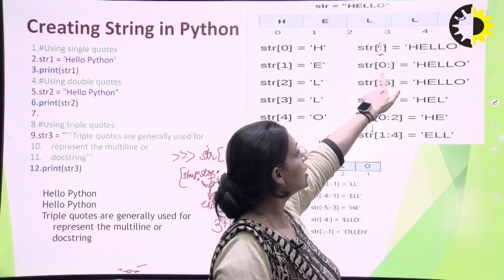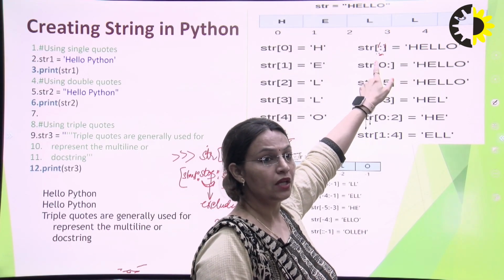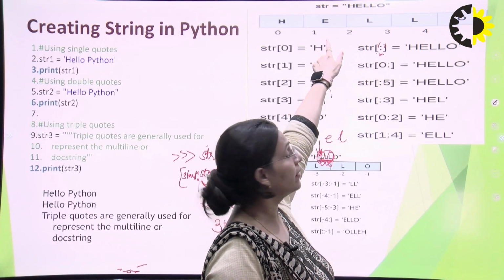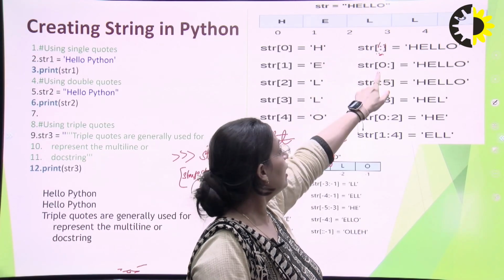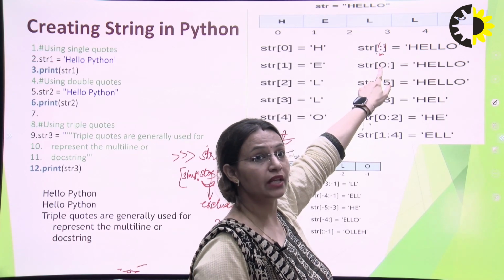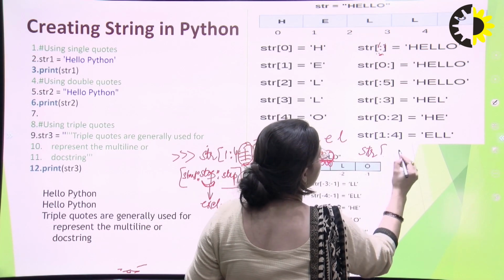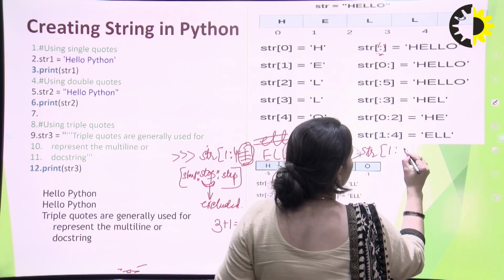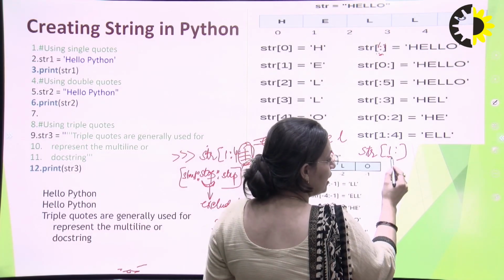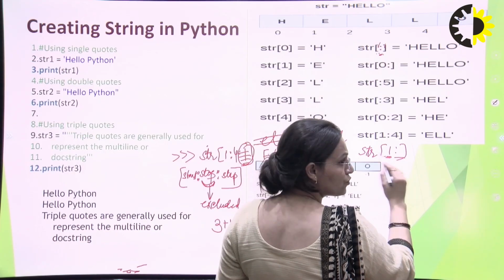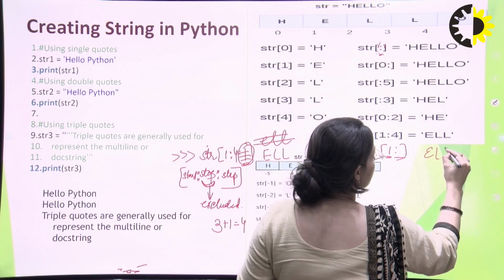If I want my output to start from, suppose, index 1, then I have to write index 1, like 1 colon, like this way. So it will start from 1 and go till the end, to the last, and it will represent it like this.